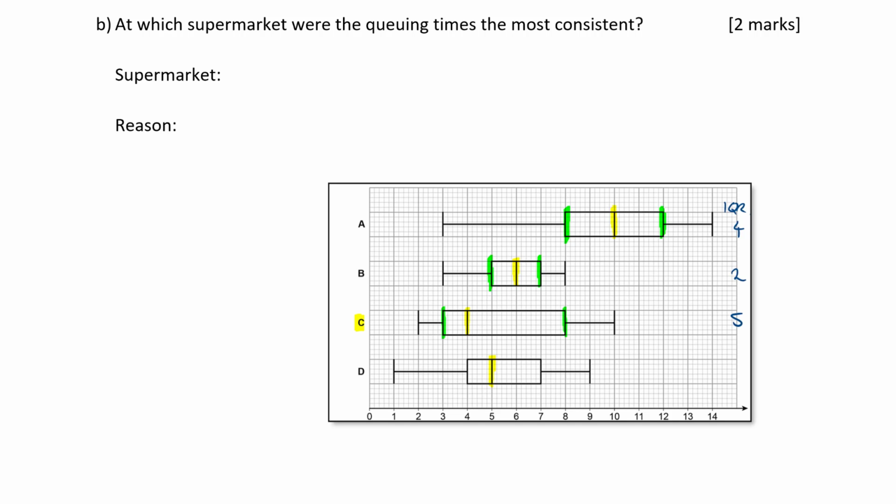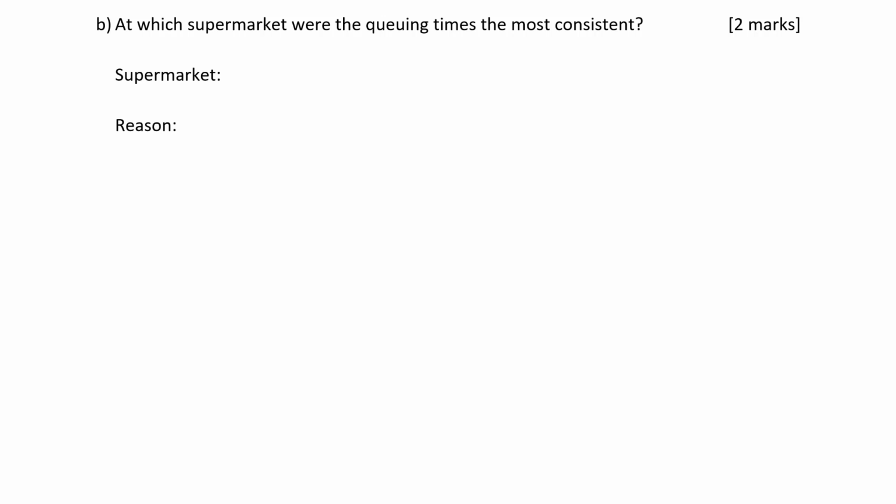And then D goes from 4 up to 7, giving us an interquartile range of 3. So in terms of the interquartile range then, the one with the least amount of variation then is going to be this one here, which is B. So B has the least variation, so it's the most consistent, isn't it?